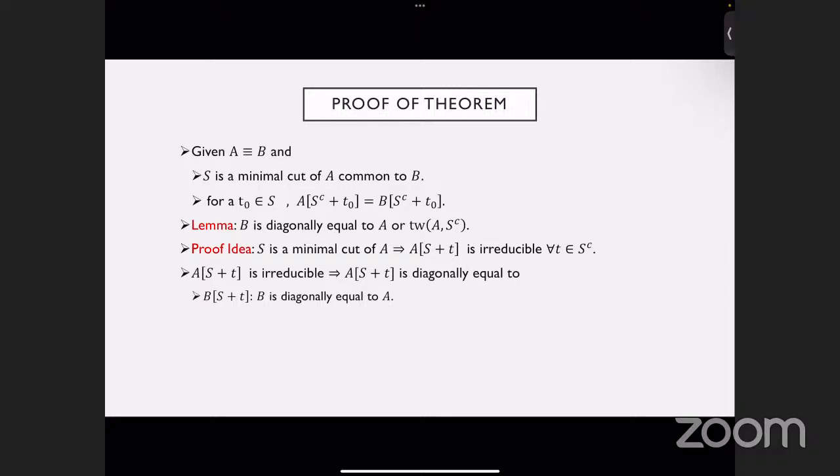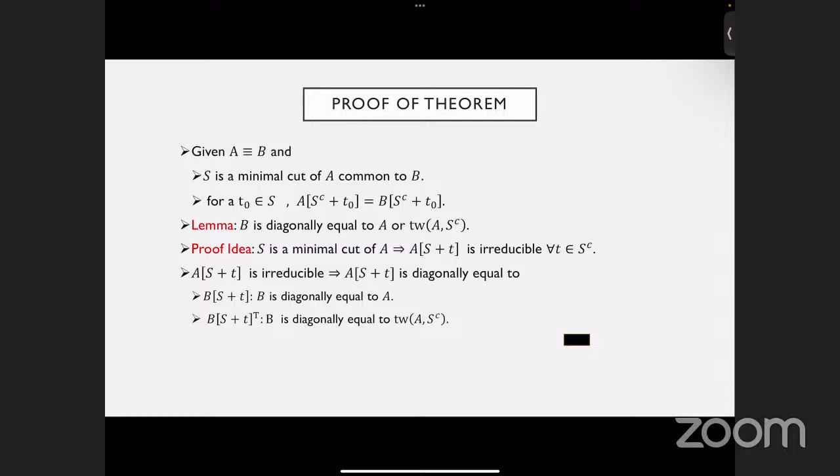And from the theorem of Raphael and Loewy, if the principal submatrix corresponding to S plus T is irreducible, then it does not have any cut, and it is diagonally equal to either the principal submatrix of B corresponding to set S plus T. Then in this case, B is diagonally equal to A, and in the other case, B will be diagonally equal to the twist of matrix A obtained by twisting A with respect to cut S complement. So this completes the proof of the theorem.